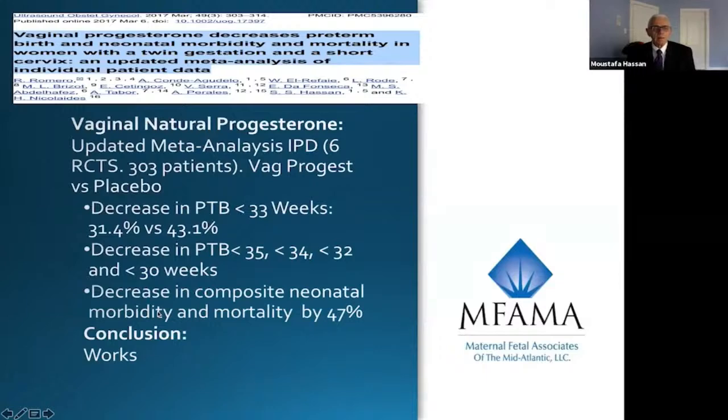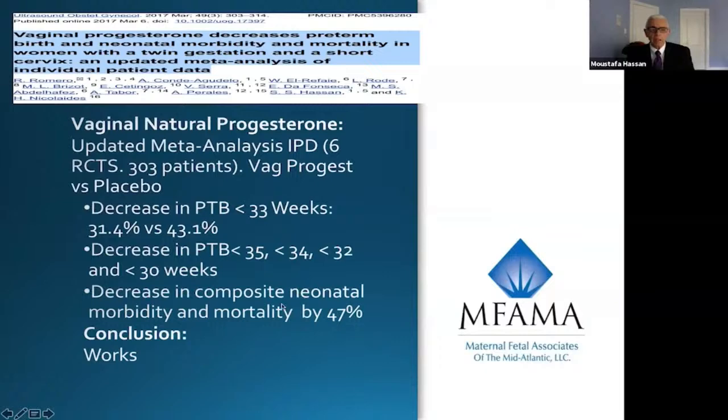Yes, it works. This is a combined study by two major players, Roberto Romero from the US and Kypros Nicolaides from the UK. It's a meta-analysis, and there was a decrease in preterm births, okay?